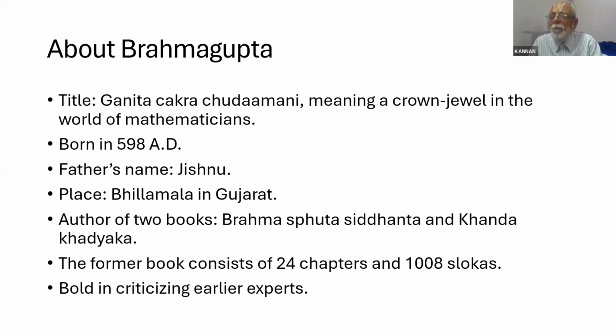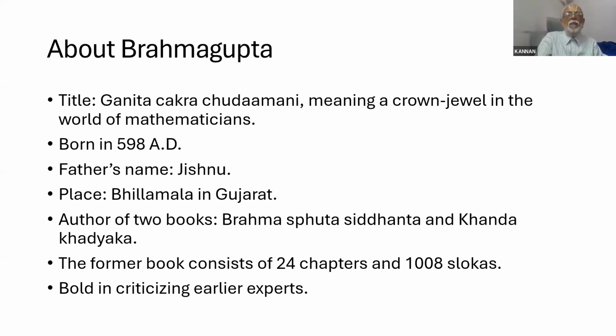Even mathematics problem exercises are formulated as shlokas. Therefore, some shlokas will be interesting. Some shlokas may not be interesting at all, but they are given in verse form. Brahmagupta was bold in criticizing earlier experts because when we read the first chapter itself, he does so.